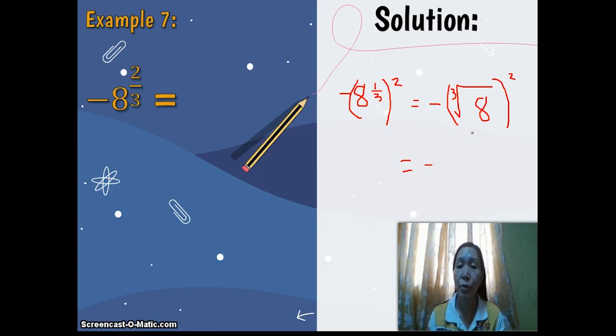That is 2 times 2 times 2, so the answer is 2. Enclose this in parentheses, then raise to the power of 2. What is 2 raised to 2? That is 4. So the answer here is negative 4.